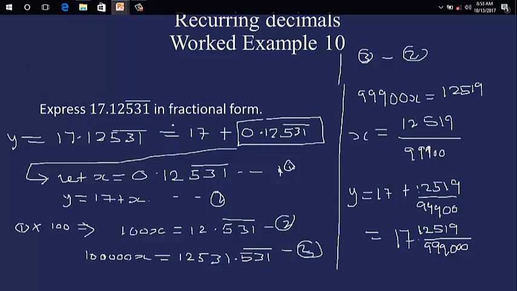So this is how we express this in fractional form. You can also take the whole thing at a go and do it, and you get this as an answer.